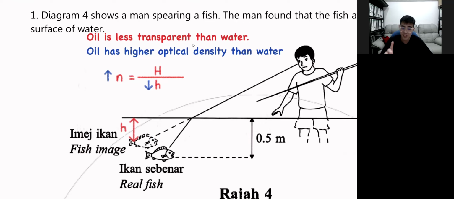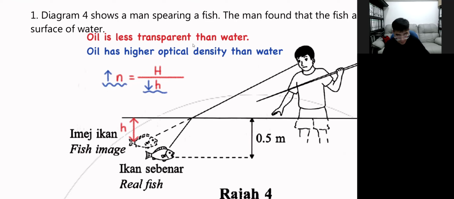And of course, the explanation is because the relationship between the refractive index and the apparent depth is inversely proportional. Now, can you see? One factor is here, another value is here. Remember last time we said, if you have a quantity over here and another quantity at the bottom, at the denominator of the fraction, then these two quantities will be inversely proportional to each other.